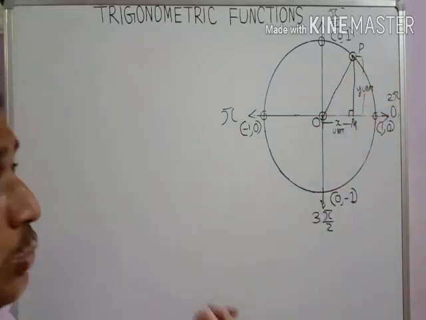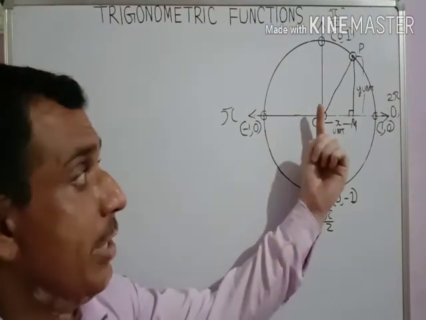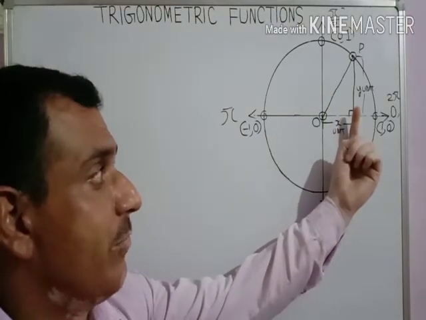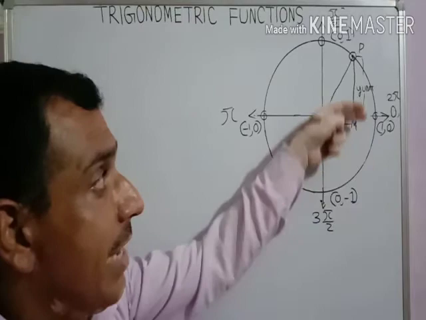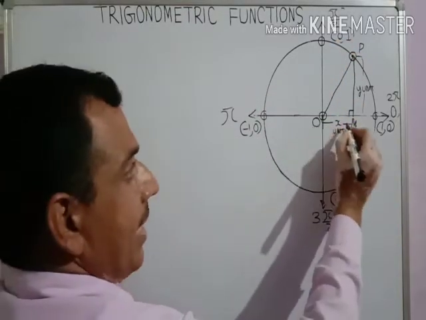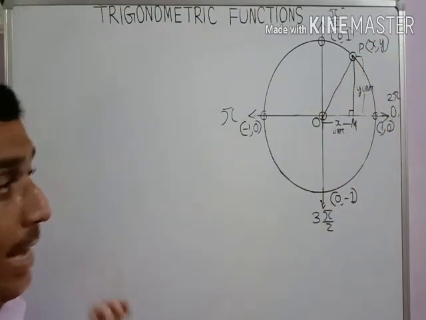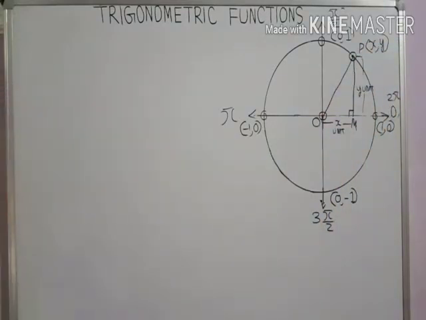If I ask you what are the coordinates of point P, you will say, sir, this point is x units away from the y-axis and y units away from the x-axis. Definitely it is x comma y. The coordinates of point P are x comma y.